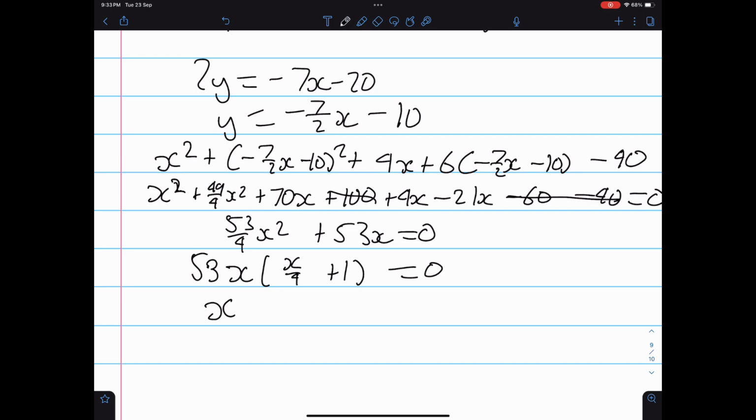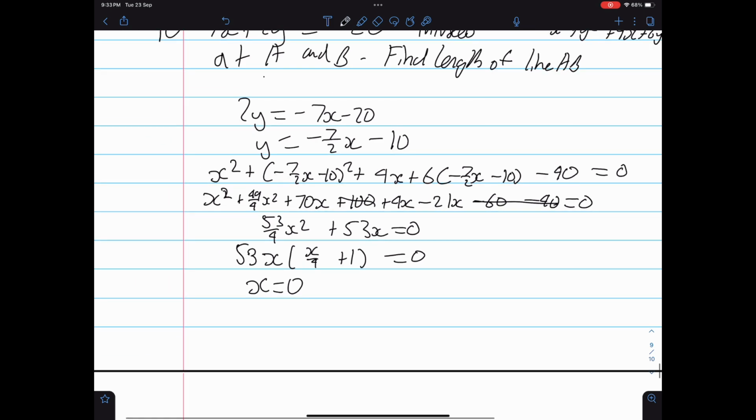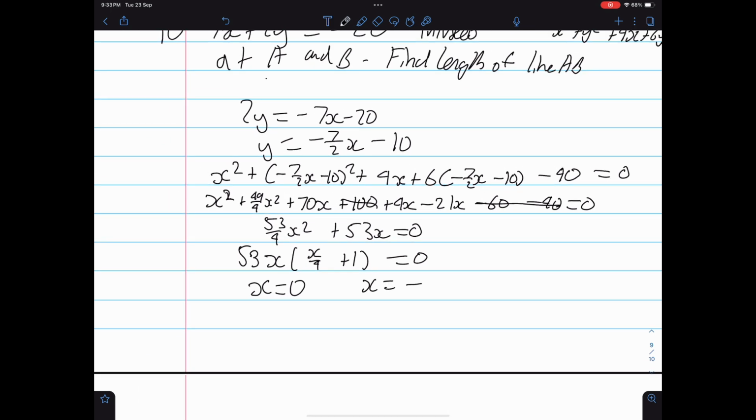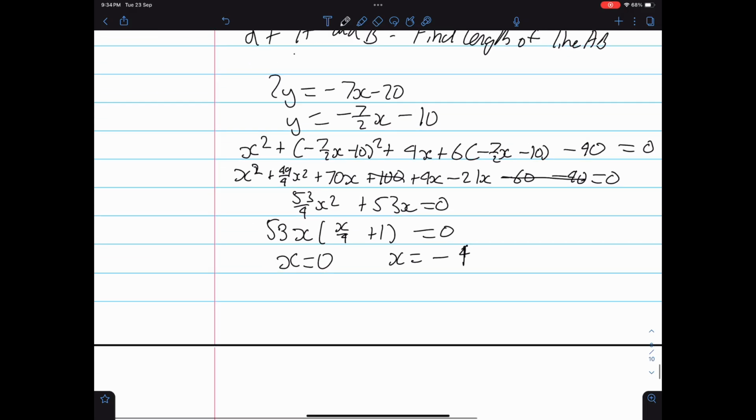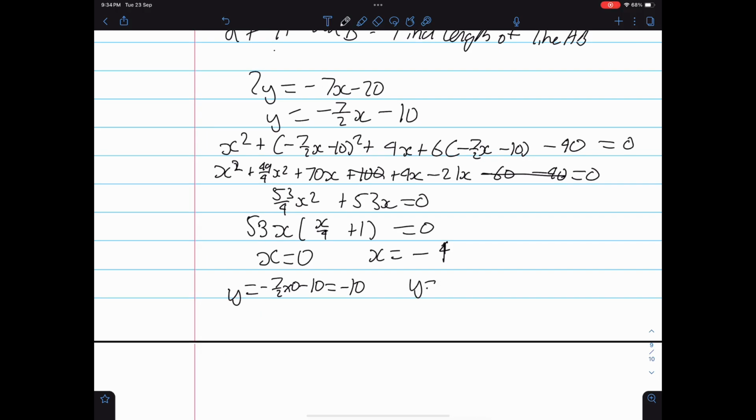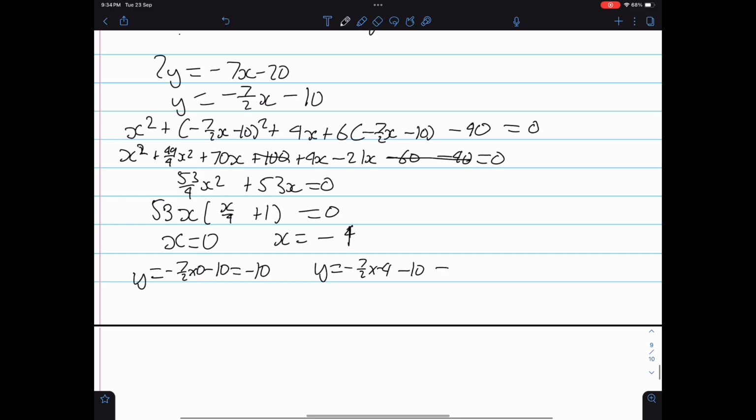So x is either equal to 0 or x is equal to minus 4. And then for those respective ones, you get minus 7 over 2 times 0 minus 10, which is just minus 10, or that, which is positive, so 14 minus 10, which is just 4.